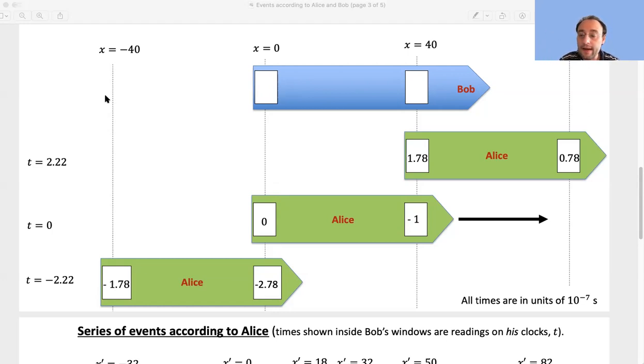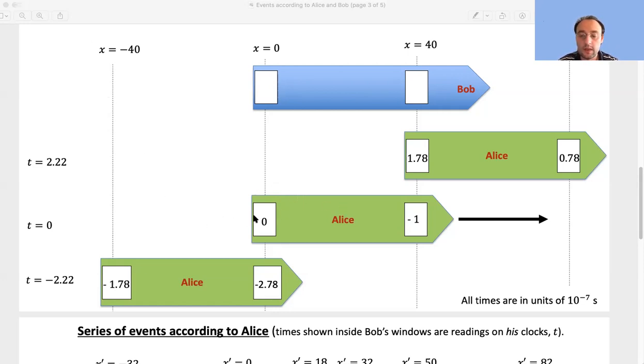And notice it doesn't matter which clock Bob follows, as long as he sticks to following one particular clock. Each one of Alice's clocks is running equally slow.